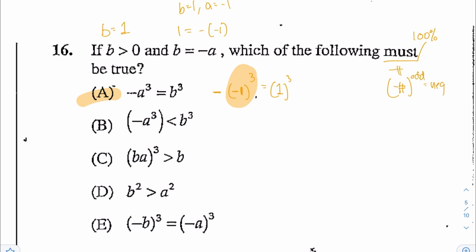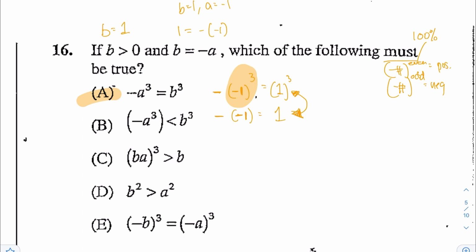A negative number raised to an even power is positive, because the negatives will cancel out. Here, the negatives don't cancel out. So you have negative of negative 1, and that's equal to positive 1, and that's also equal to 1 cubed, which is also equal to positive 1. So A is true for 1 and negative 1.